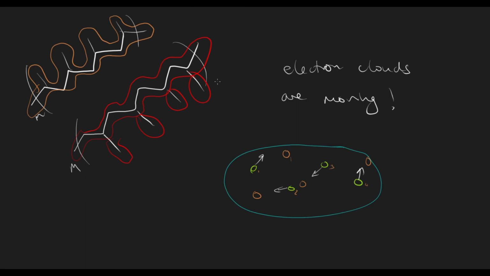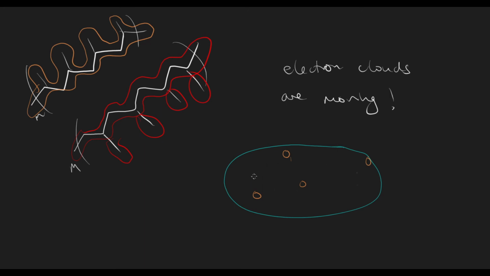So if I now remove the green electrons from the original positions, I'll just be left with the orange electrons, which is where they've ended up after some period of time of moving randomly around. And you can see from this, hopefully, that the electron density on the left is higher than the electron density on the right.